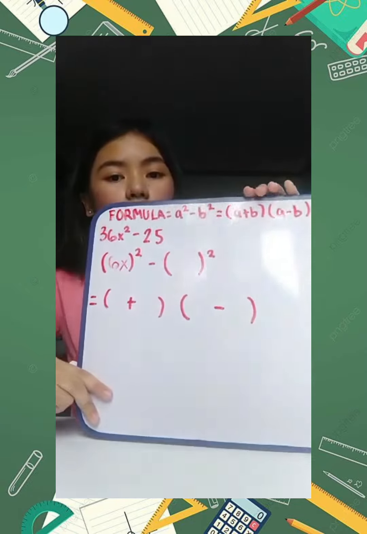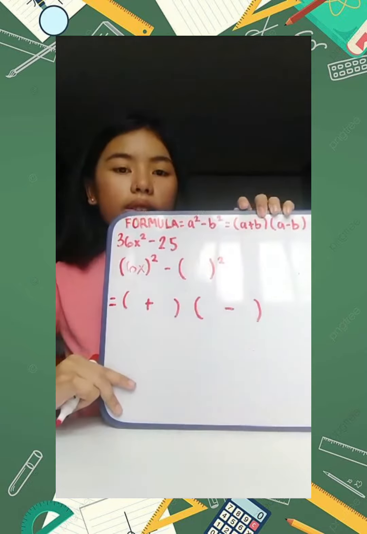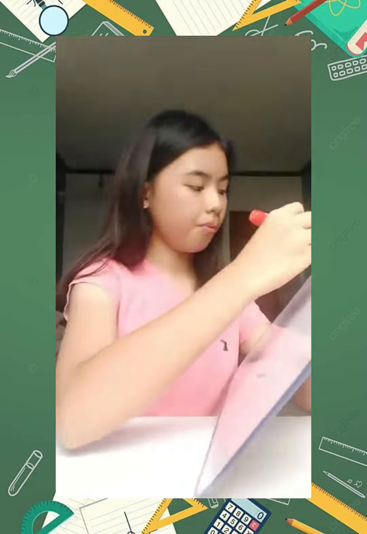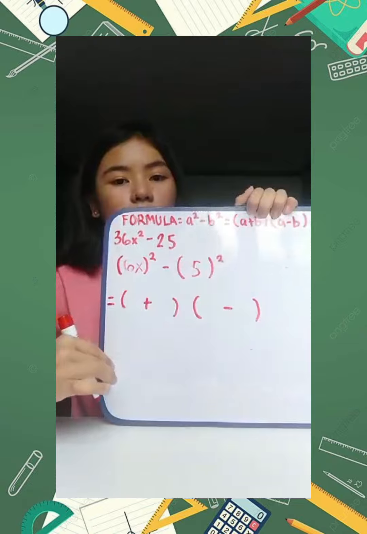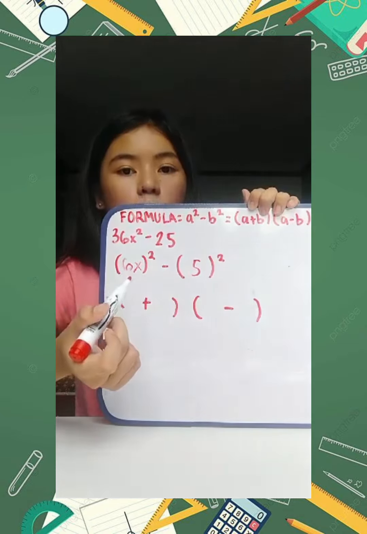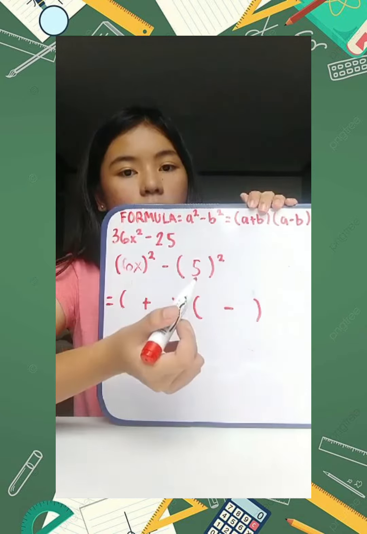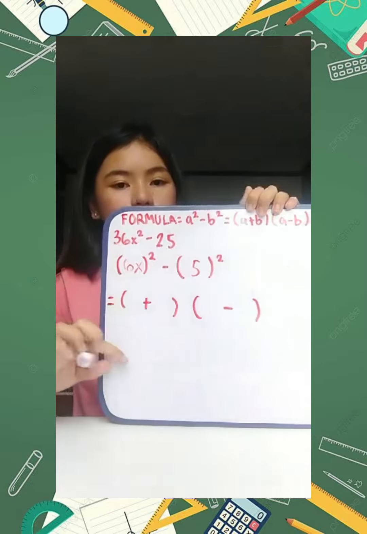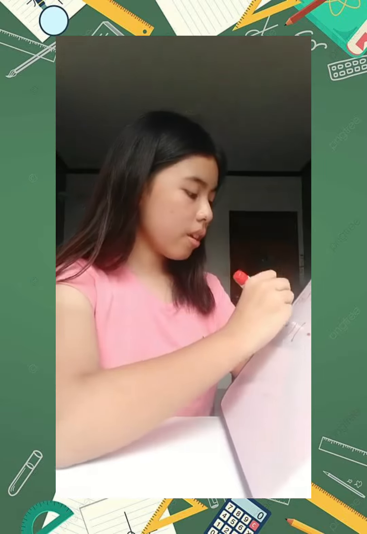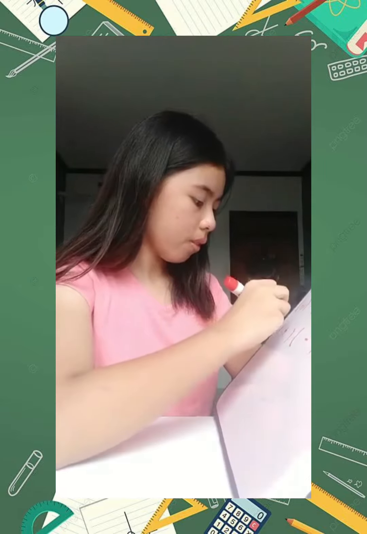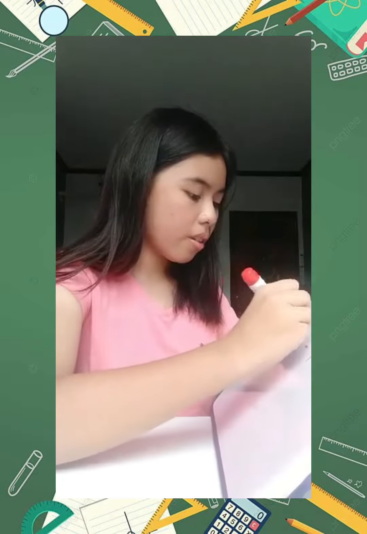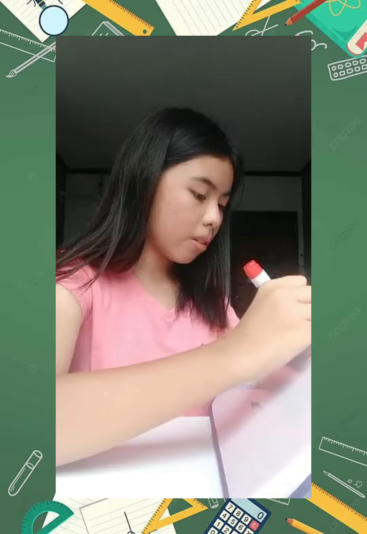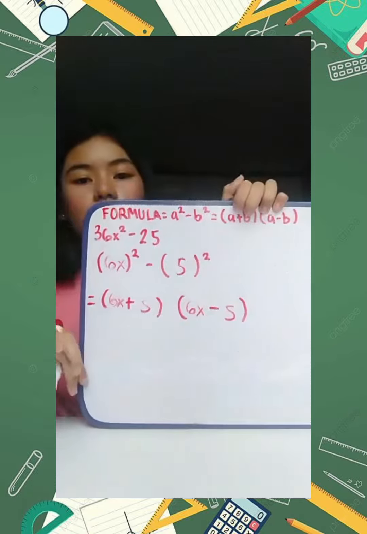Now for the second term, 25, it is 5. Now, this will represent A, this will represent B. So let's write 6x plus 5 and 6x minus 5, like this.